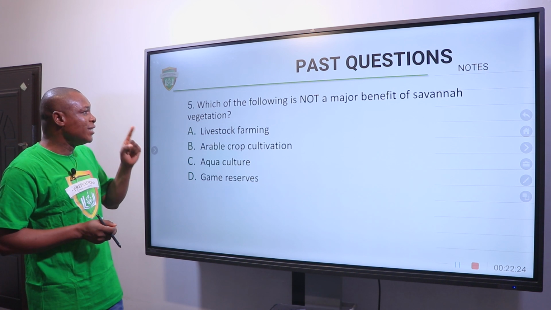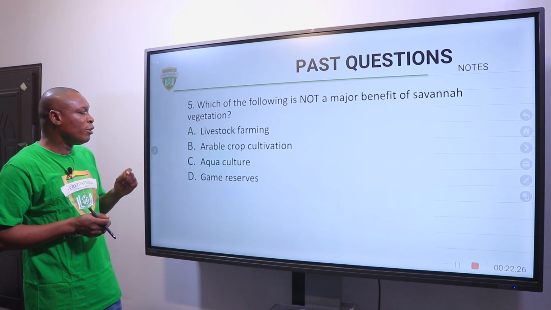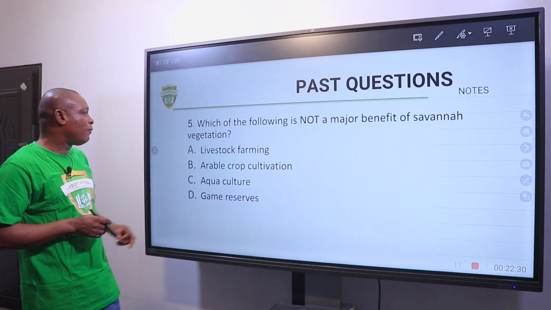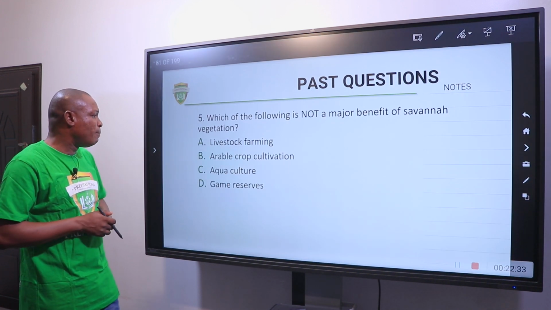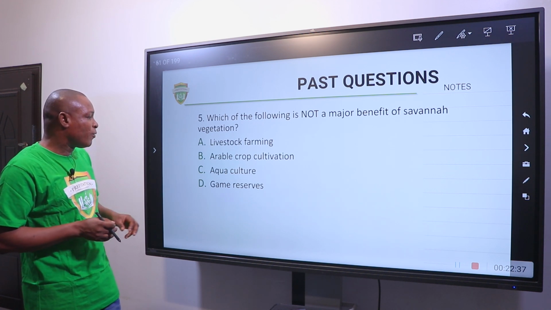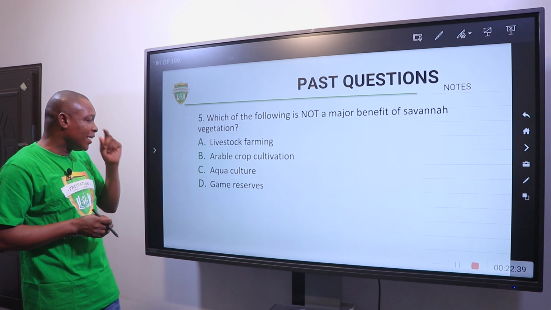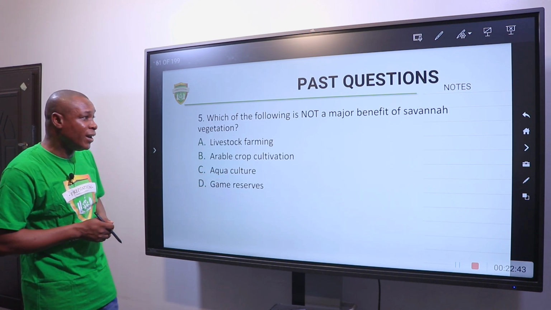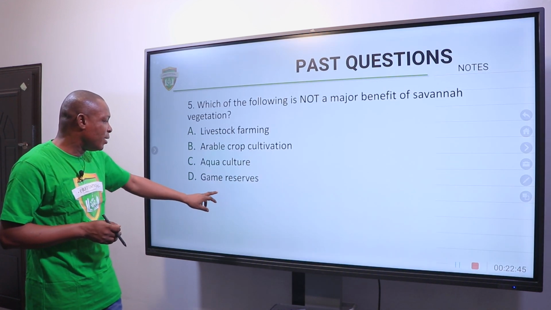Livestock farming, arable crop cultivation, aquaculture, game reserve. Of course, the obvious answer there is C. You cannot do aquaculture in the savanna vegetation belts.